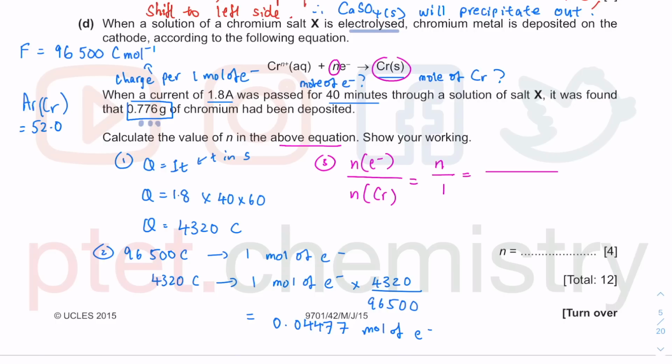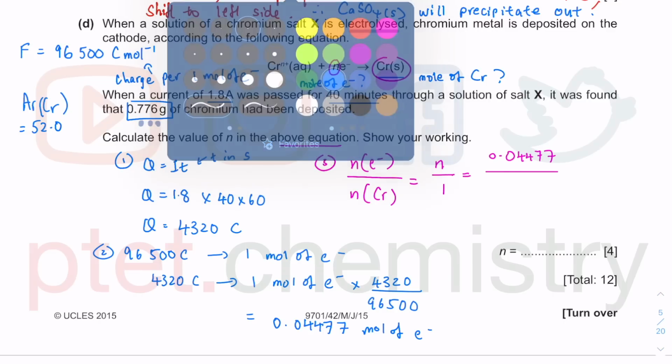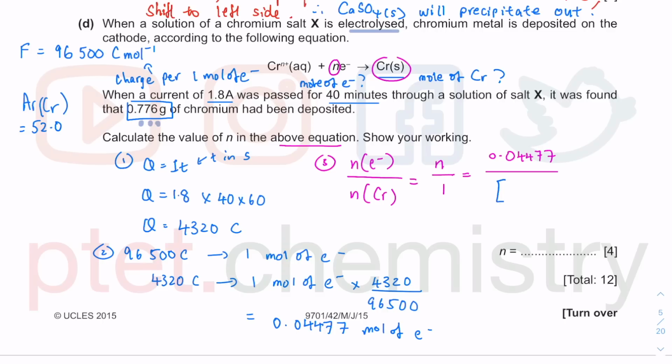This is equal to, on the top I put the electrons there, so that is just the actual number of moles of electrons, 0.04477, and at the bottom I must have the actual number of moles of chromium that I deposited in my electrolysis. 0.776 mass divided by AR is your moles of chromium.